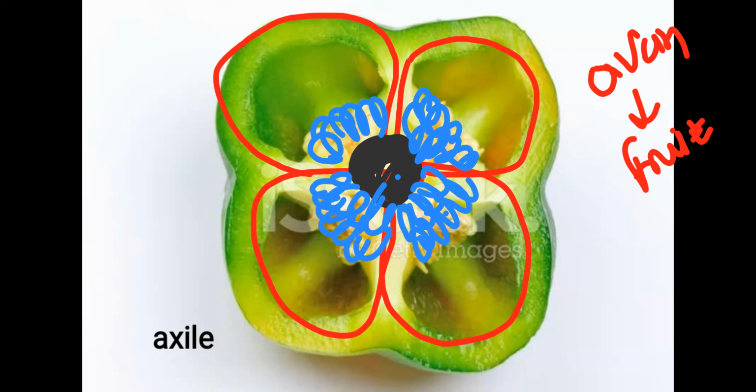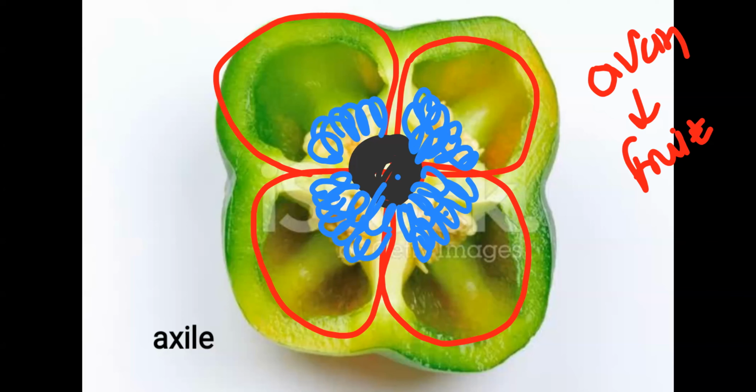Now imagine, once fertilization is done, the ovary converts into fruit and ovules convert into seeds. So by seeing the fruit, you can understand whether the ovary is syncarpous or apocarpous.